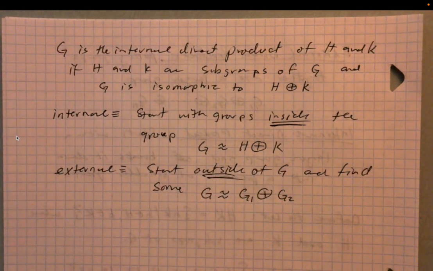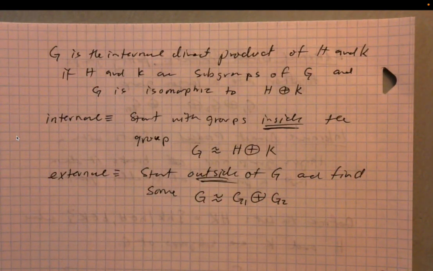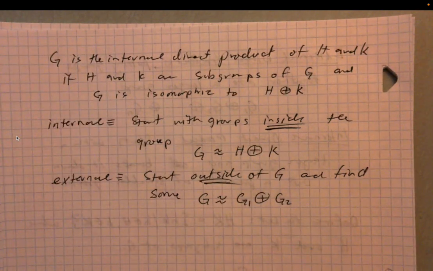The internal direct product starts with subgroups and identifies two subgroups or more, such that combining all of the elements gives you a group isomorphic to G. The external direct product is the same idea, except there's no constraint on where the groups G1 and G2 come from. They don't necessarily have to be subgroups of G, is the key point there.